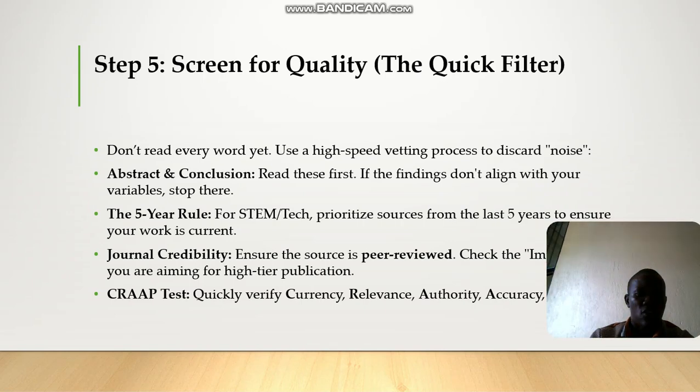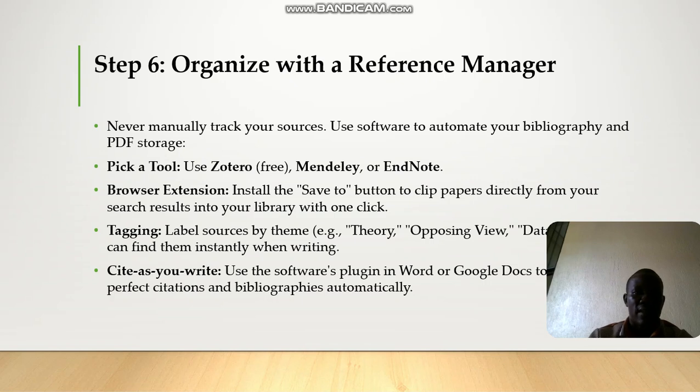Then we have journal credibility. Ensure the source is peer reviewed. Then you check on the impact, as you are aiming for a high-impact publication. The last one here is the CRAAP test, where you quickly verify currency, relevance, authority, and accuracy.